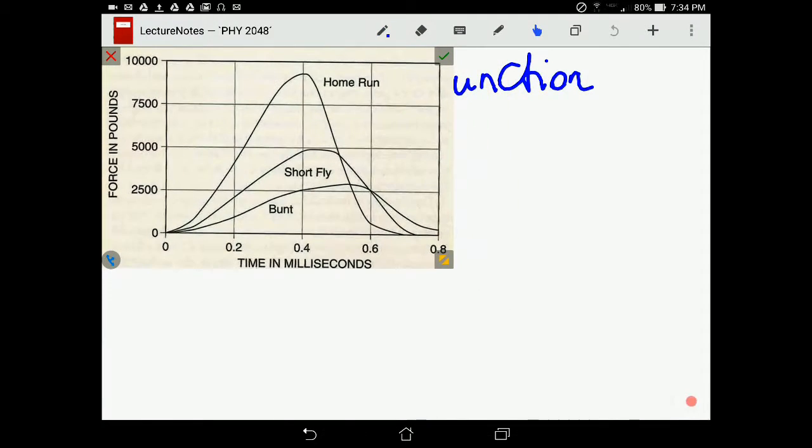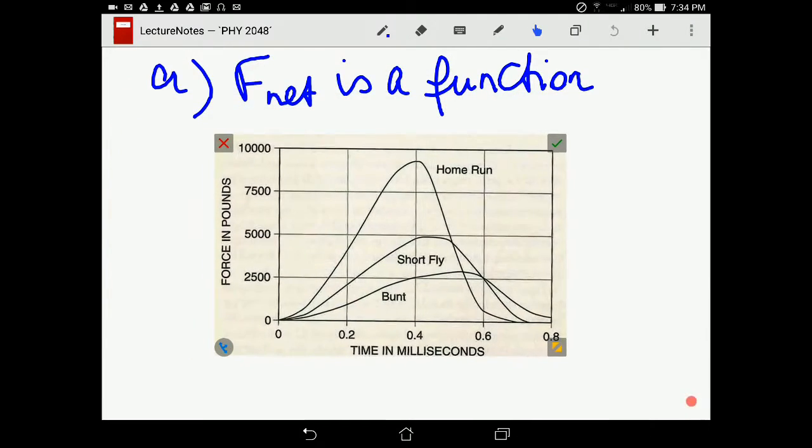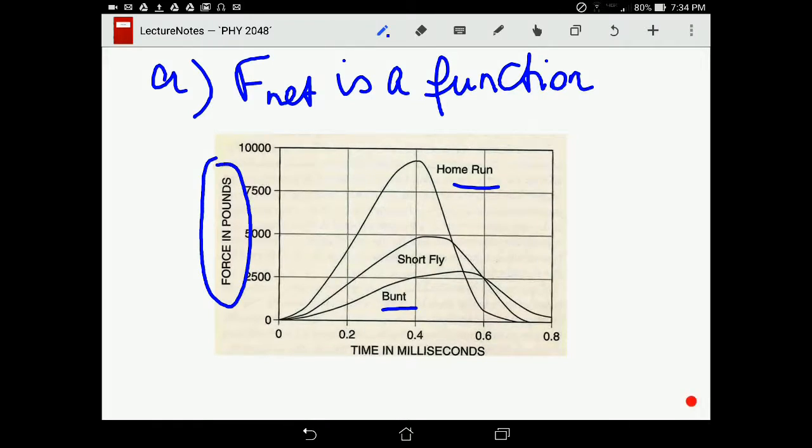And as you can see here, we have different examples of hits. This is a home run, short fly for this one, and a bunt for the third one. And the magnitude of force is shown right here. This is in pounds, but it doesn't matter. It's the same idea. And then the time here, notice, this is in milliseconds.